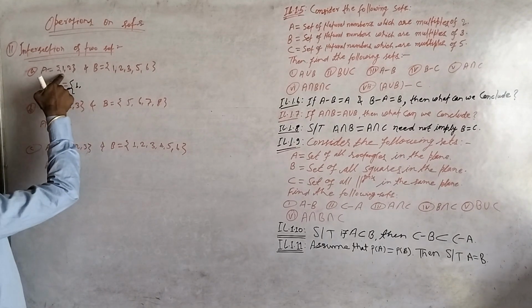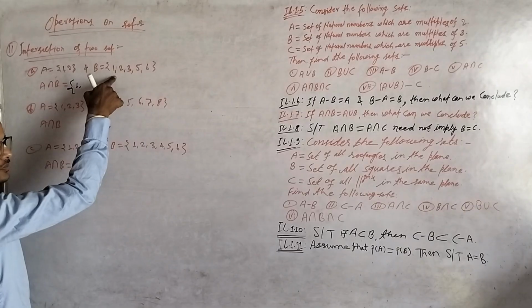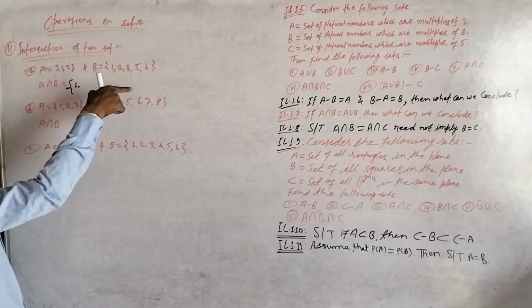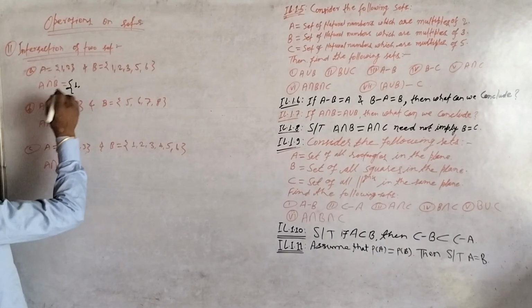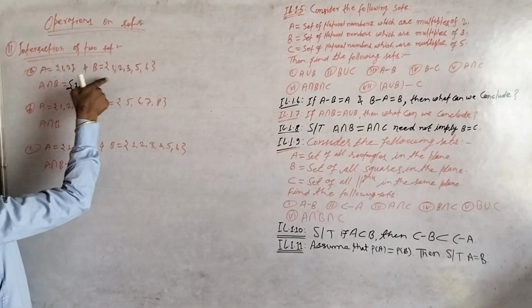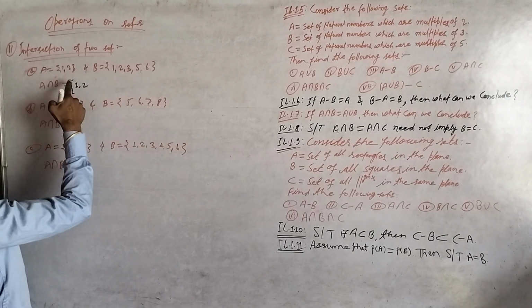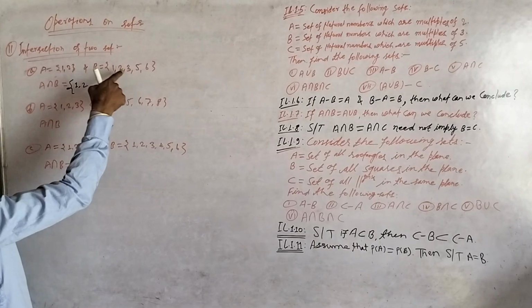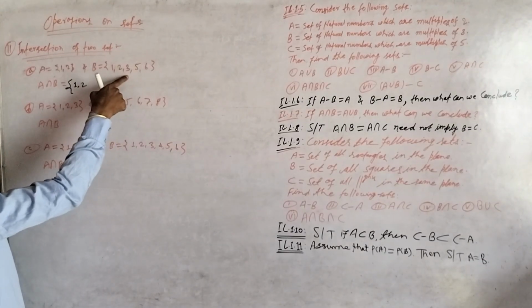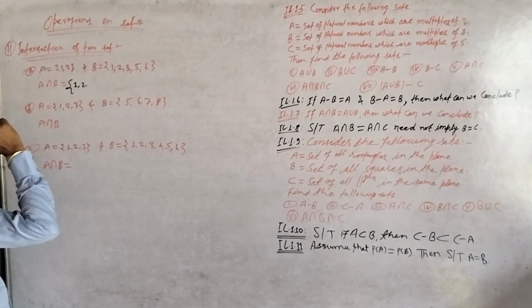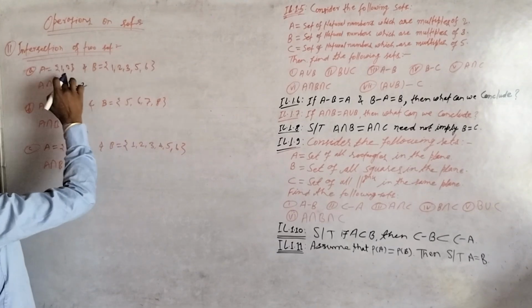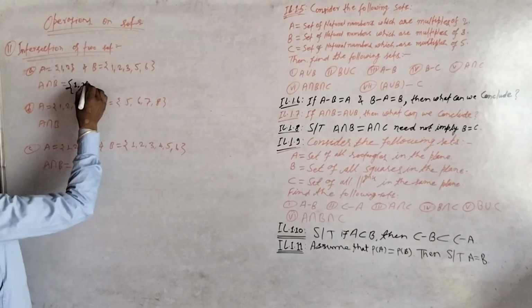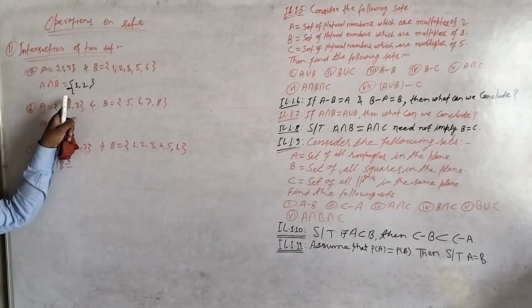One is contained in A and also in B, so it is present in both sets. Two is also present in both sets, but 3 is present in B and not present in A. 5 and 6 are also not present in A, so we do not write them here.